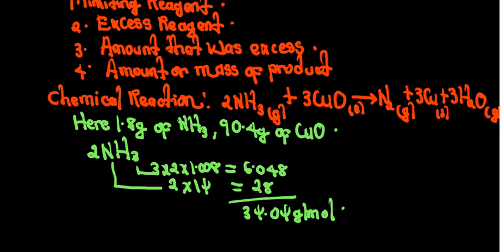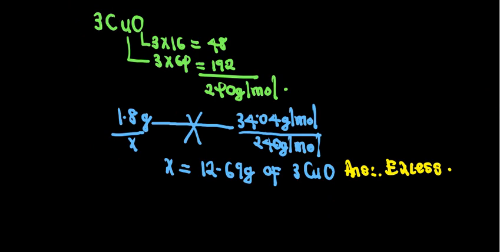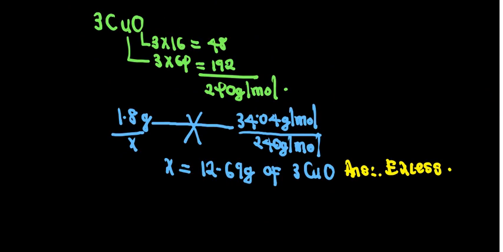The molar mass of NH3 was 34.04. And of course, we won't use this. We'll use the conversion for the copper oxide.